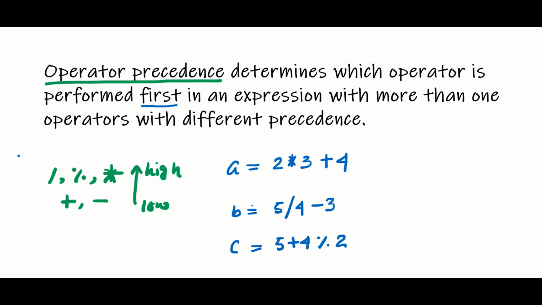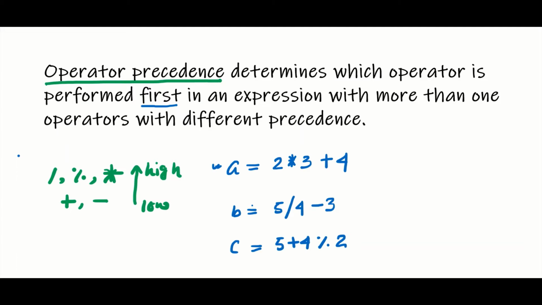When it tells you that you are first, you are second, you are third, it means you are participating in a competition, and in this competition some participants become first, some second, some third. Similarly, if we look at this expression carefully, a equal to 2 into 3 plus 4.